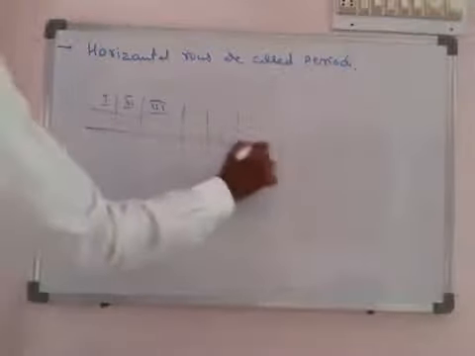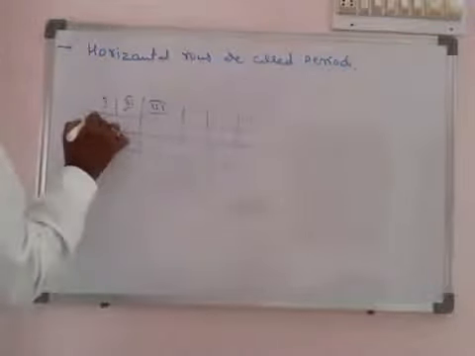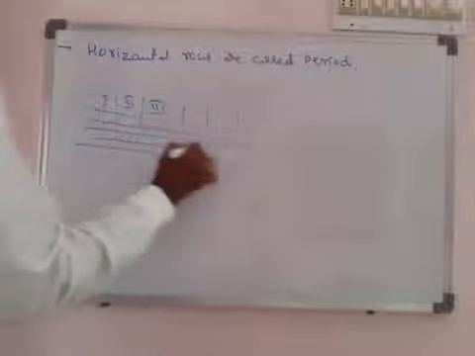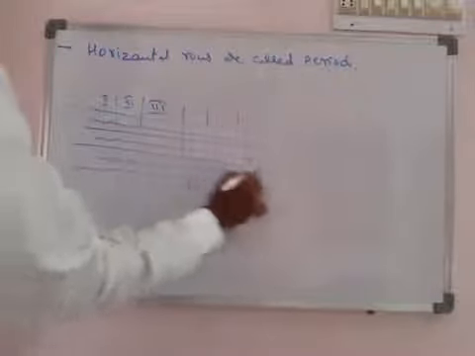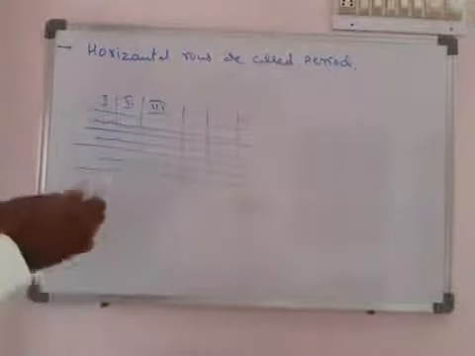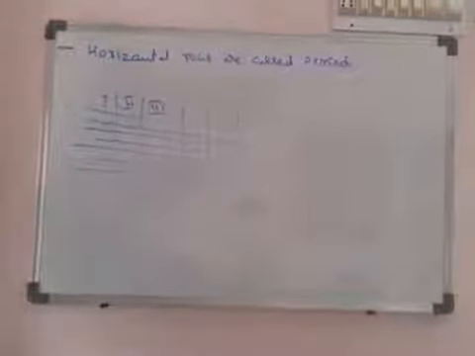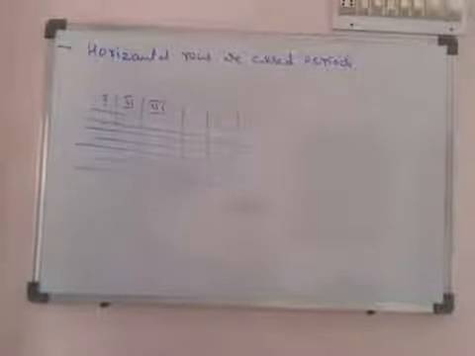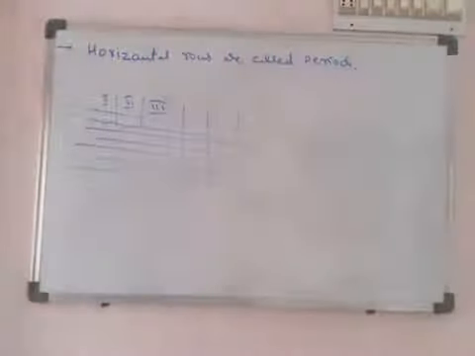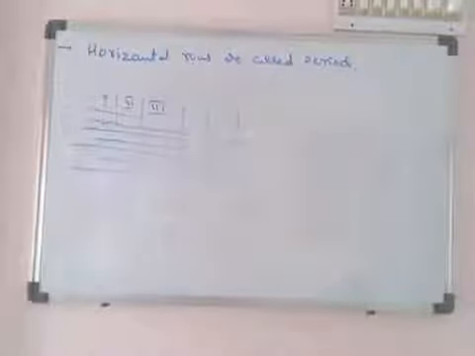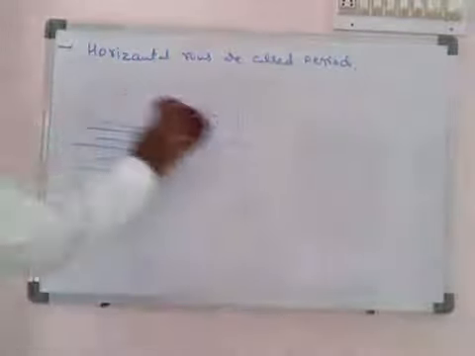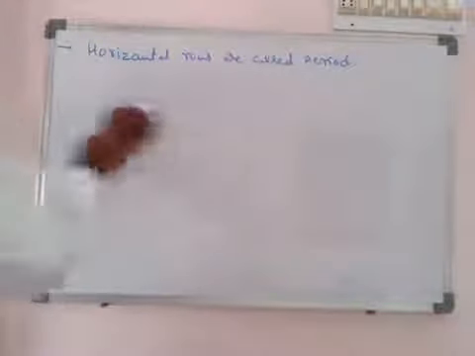Next, this horizontal column, for example this line, this column, these rows are called periods. So horizontal rows are called periods.